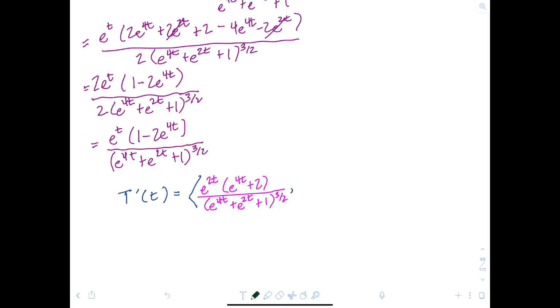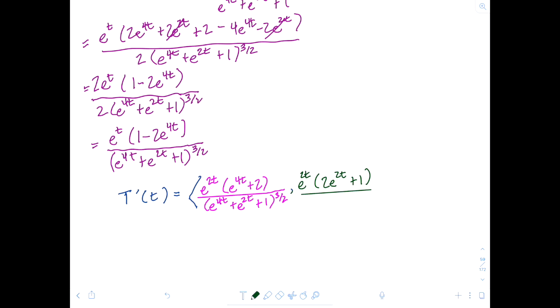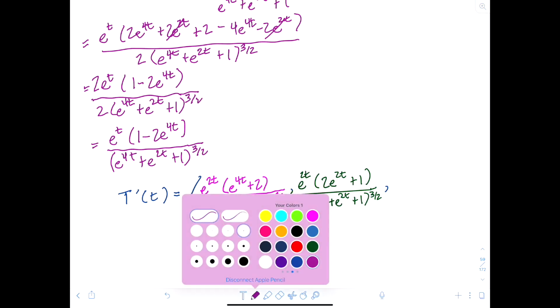If I factor out an e to the 2t, I'm going to end up getting 2e to the 2t plus 1. And that's over that same denominator, e to the 4t plus e to the 2t plus 1 raised to the 3 halves.